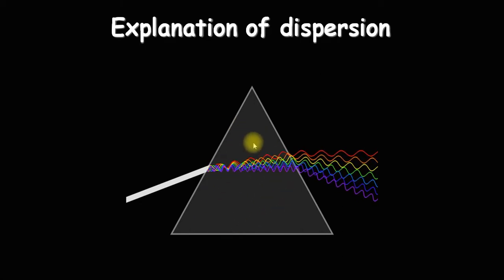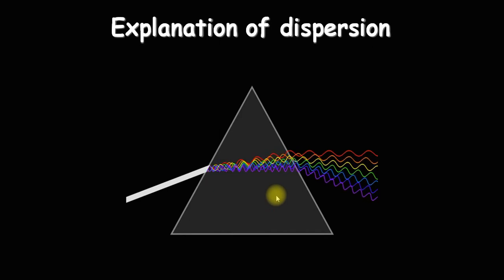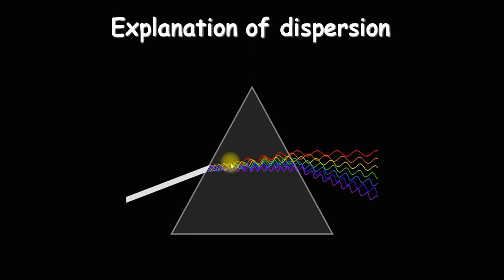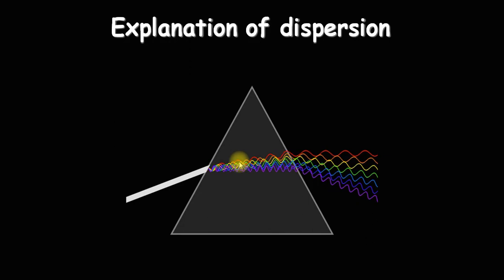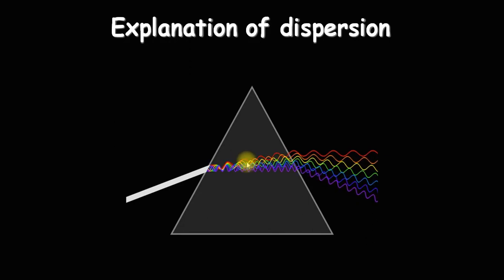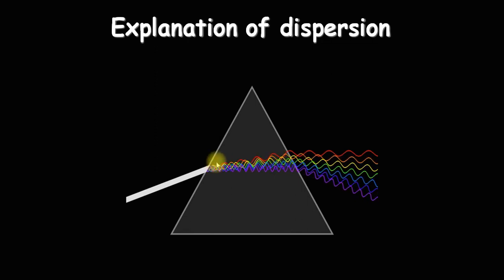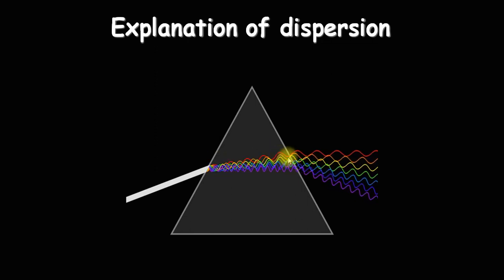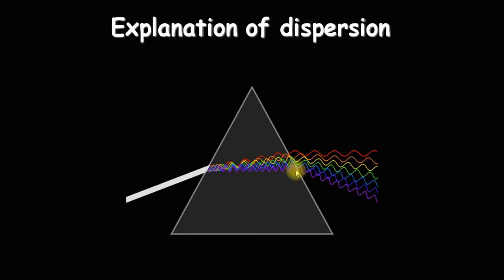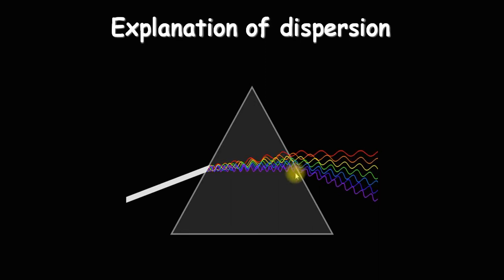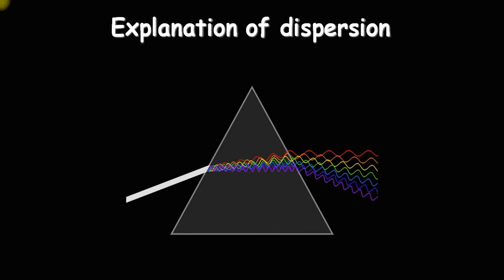Okay, now because they travel at different speeds, they will be refracted by different amounts, or in other words, they have different wavelengths. Now the red light that you see travels faster than the violet light that you have there.